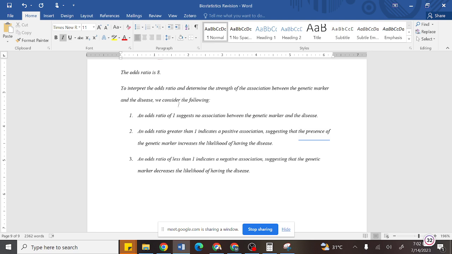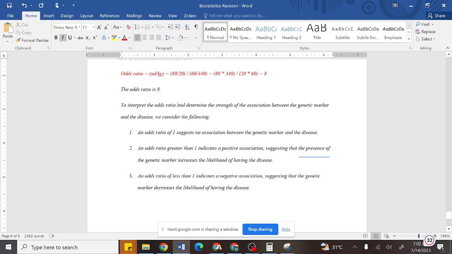That means that the presence of the genetic marker increases the likelihood of having the disease. Our answer is 8, so the genetic marker increases the likelihood of getting the disease. If you get an answer less than 1, 0 point something, it indicates a negative association. This suggests that the genetic marker decreases the likelihood of having the disease. In our case, the genetic marker increases the likelihood of getting the disease.